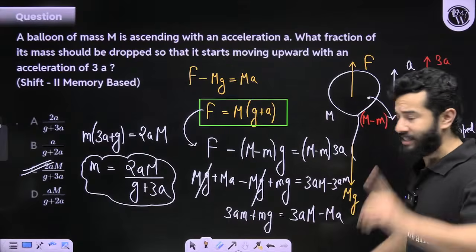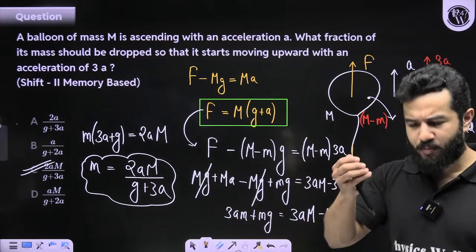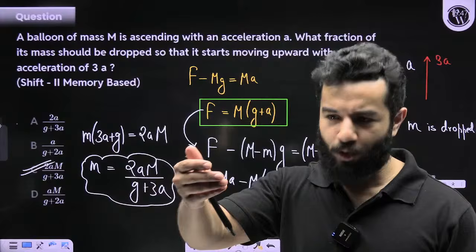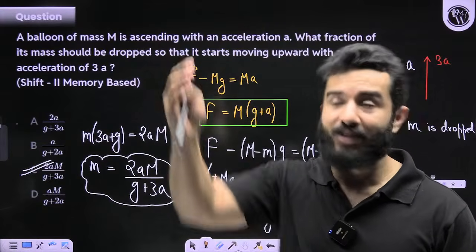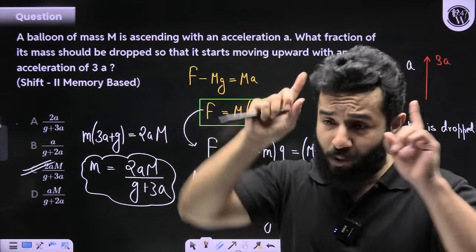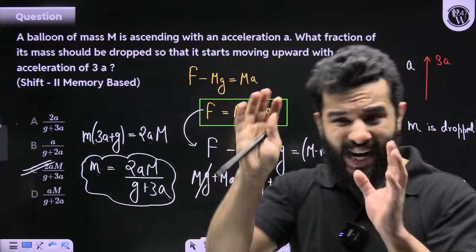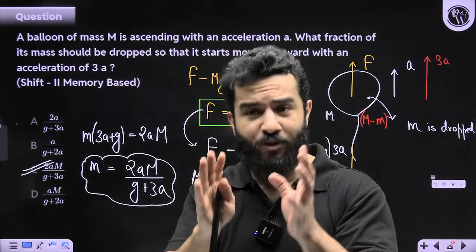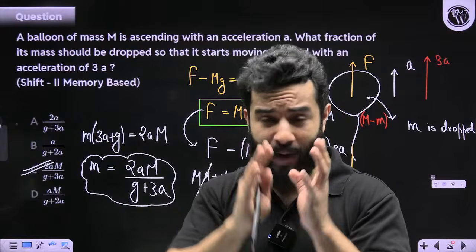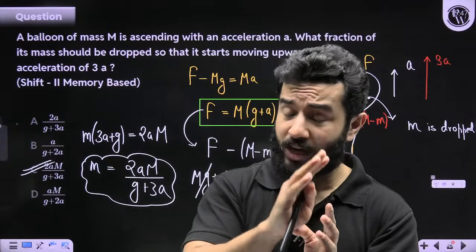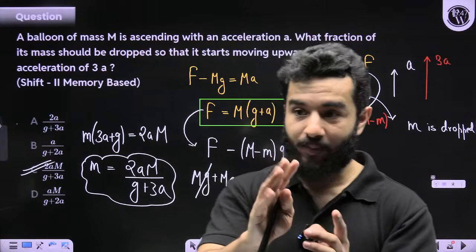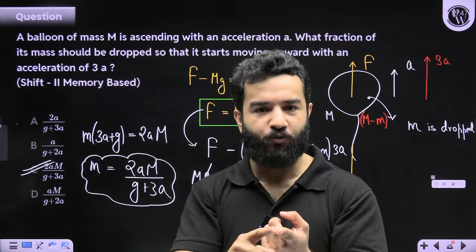Please remember that this is the driving force. This is because of the engine of the hot air balloon, right? Engine of that thing because of which it is accelerating. So we are not changing anything in that. Buoyant force is not over here. We are going to ignore things like buoyant force as long as they have not mentioned it. See, they have not talked about the volume of this.